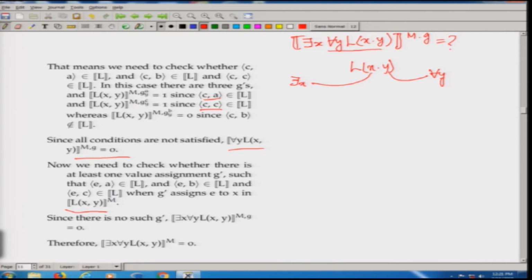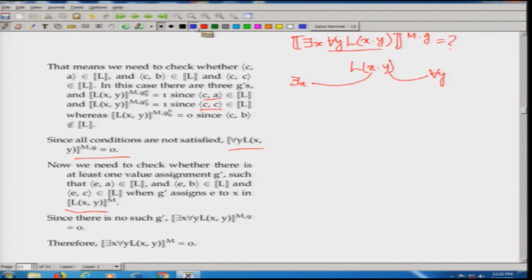It means that both will vary, but they will vary in different ways. Here the requirement is that at least one value of x must somehow satisfy something, but there the requirement is that all values must satisfy. But we start with some.